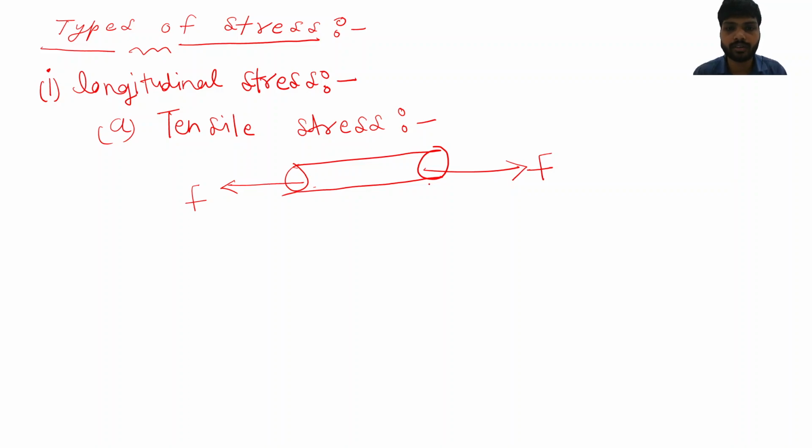This is a body which is acted on by a force which tries to stretch it from both sides. Then the resisting force will try to resist that stretching, so the resisting force will act in an inward direction, since the external force is acting in the outward direction. So this is a tensile force. After this, we will study what compressive stress is.